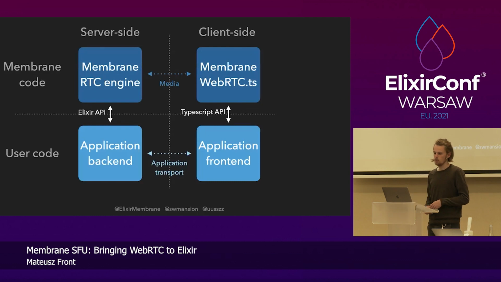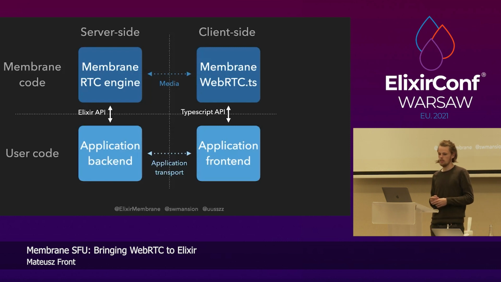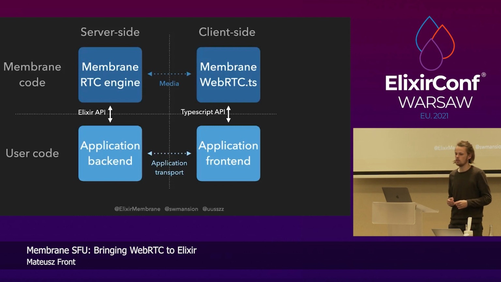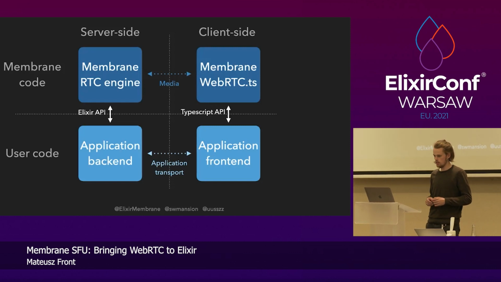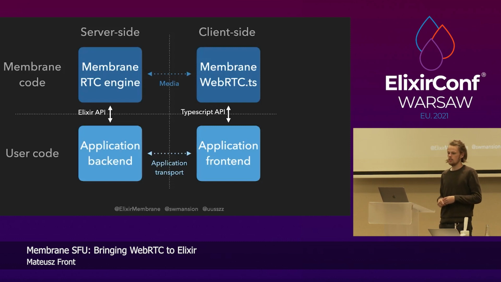So a few words about how to use that in practice. Basically, the Membrane RTC stuff is split into the Membrane RTC Engine that serves as a backend, and the Membrane WebRTC TypeScript class that can be used on the front end. And all information that they exchange, apart from the media itself, comes through user code, so the user application backend and user application frontend.